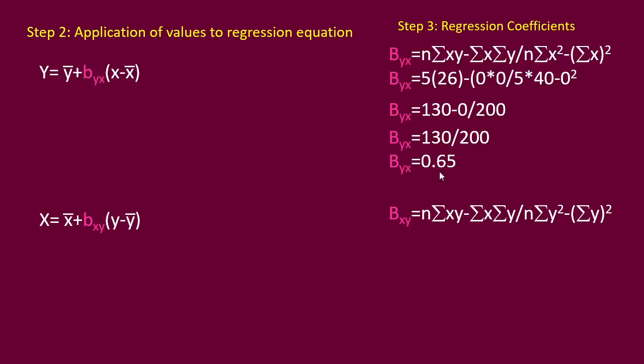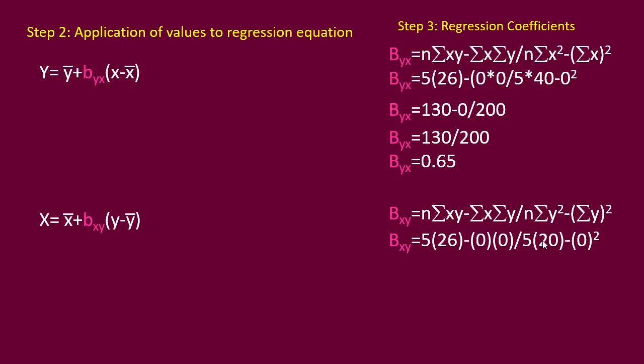So byx value is 0.65. And bxy case, 5 again, summation xy 26 minus 0 into 0, which is the same as in byx. 5 into 26 minus 0 into 0. Same thing appears here. Whole divided by 5 into summation y square.